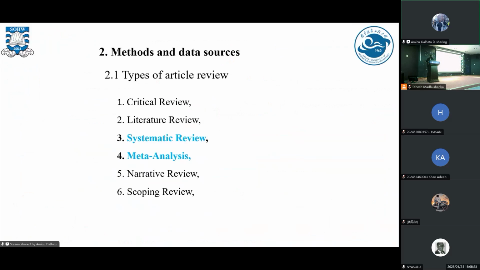If you want to include all the papers published within the study years, you will select number 2, literature review. If you select literature review, you will analyze all papers published related to that area or your keywords.